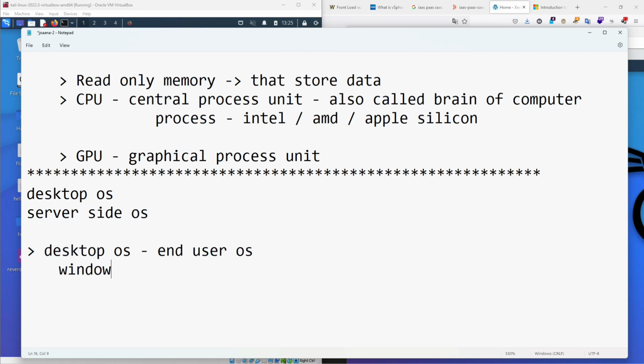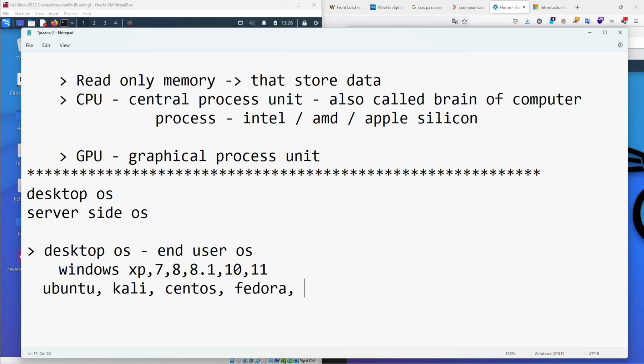Examples: the Windows family. We have Windows 7, 8, then Windows 10 came, and the latest we have is 11. In terms of the Linux platform, we have Ubuntu, Kali OS, then Fedora. Red Hat is also Linux that we have.